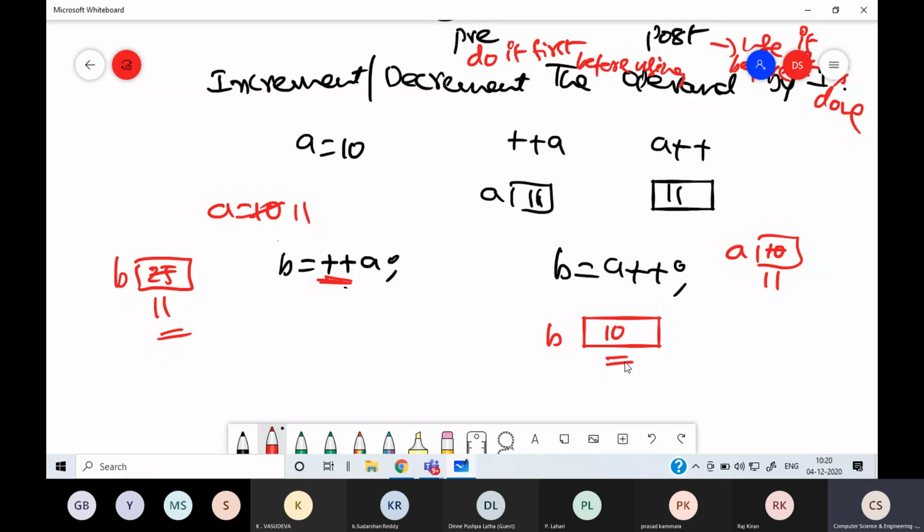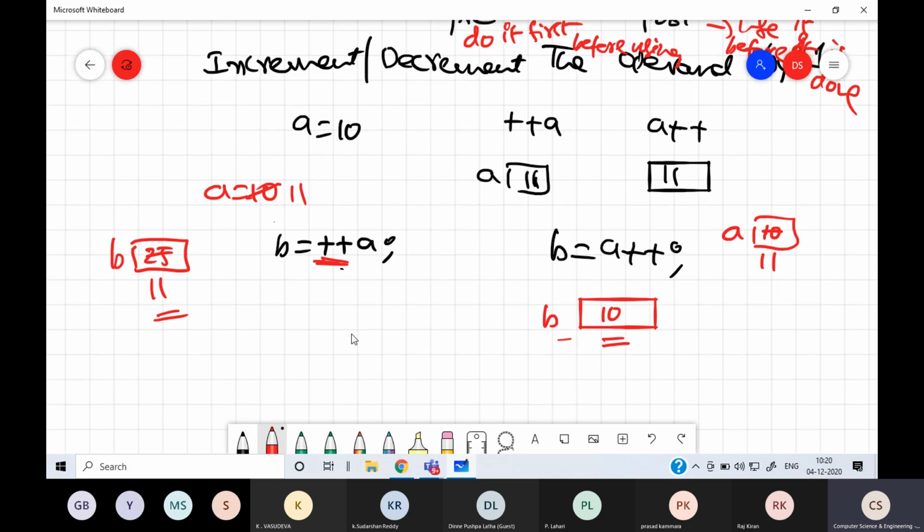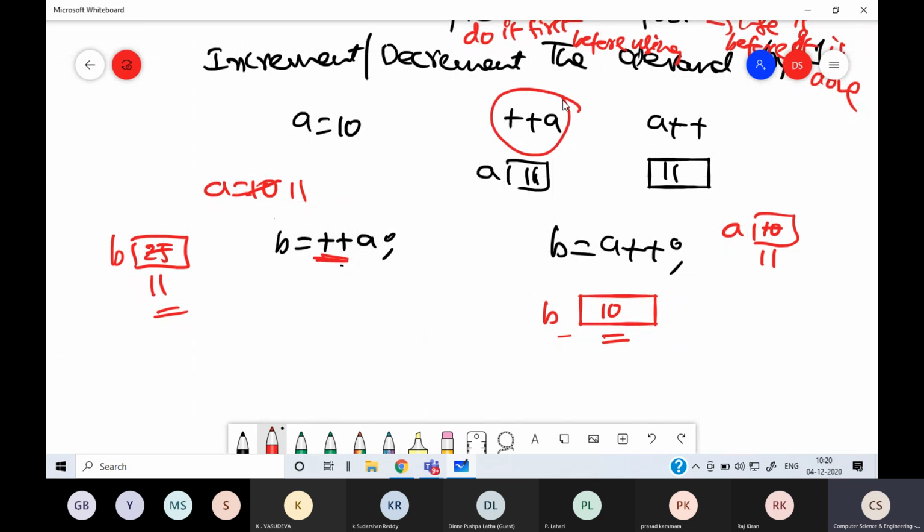So the difference is there when the increment or decrement expression is used as part of some other expression, especially in assignment. In the case of pre, the increment or decrement operation is performed first before it is used. If I take the operator alone, because it is not involved in any assignment, there is no difference between the two.